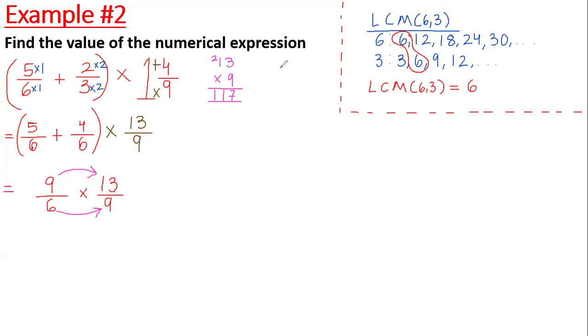Very good. Then we have 6 times 9. We know what 6 times 9 is. What is 6 times 9? 54. Very good.